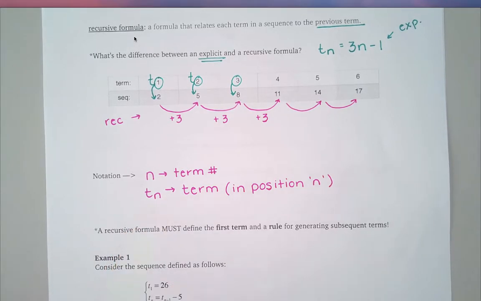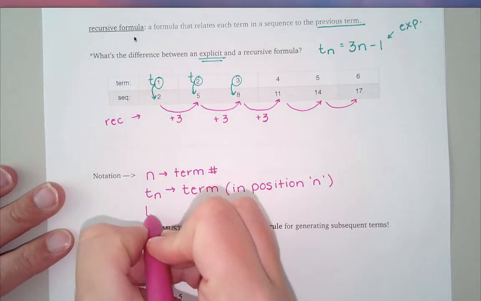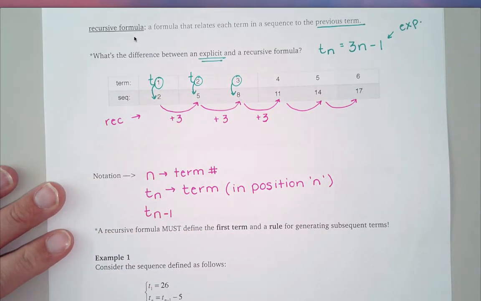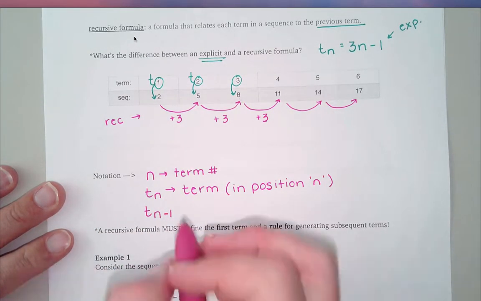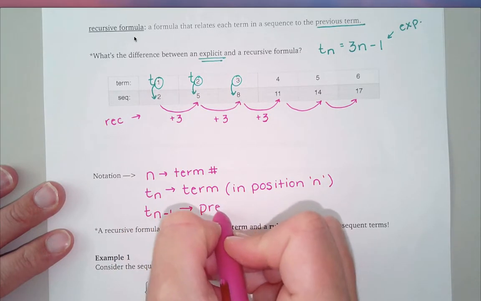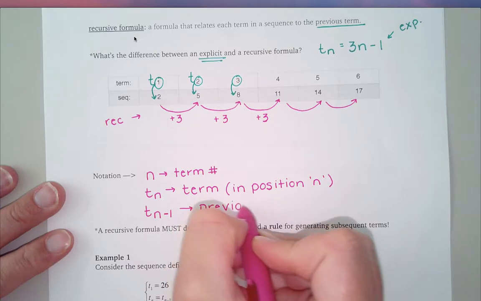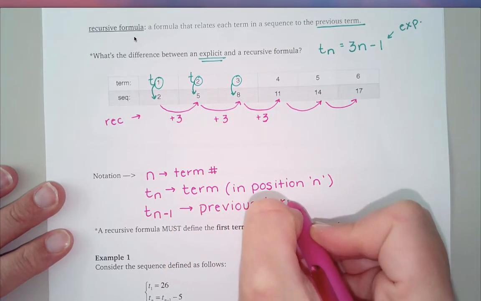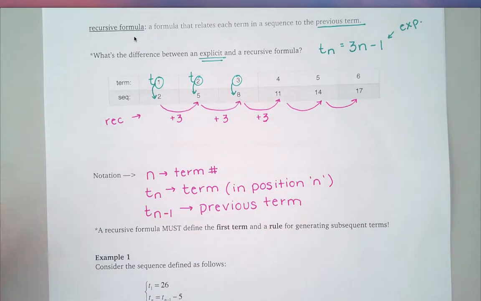The new one that goes along with this recursive formula piece looks like this. T sub n minus 1. And what that's talking about is the previous term. Don't get bogged down by the minus 1 thing there. I think that makes it look more mathy than it really is. This is just nerdy math talk.